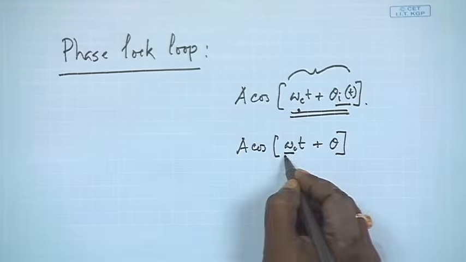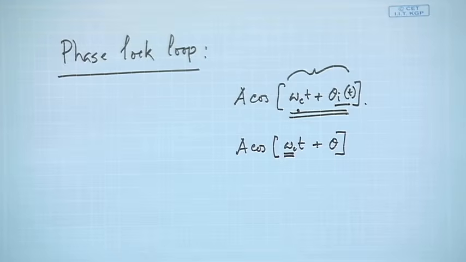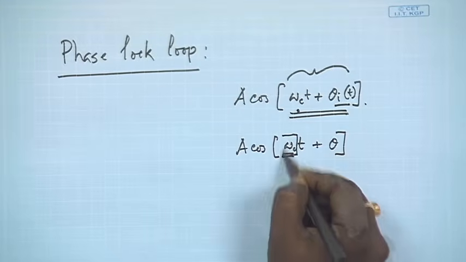Whereas if this is the way it's happening, then I know there is one part which is multiplied by t, that's my frequency, plus there is some constant part, that's the phase. That is how we define frequency and phase, separating and extracting them out. Otherwise, in a completely time varying scenario where omega c and theta are also variables of time, I cannot discriminate between them, it's just the overall phase of that cosinusoid, which is time varying.